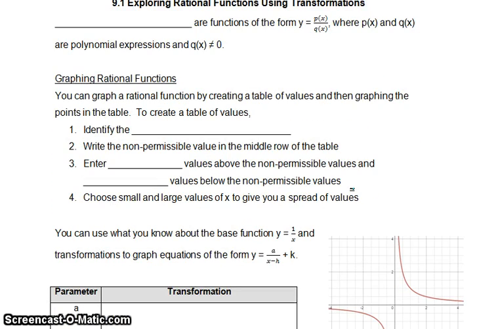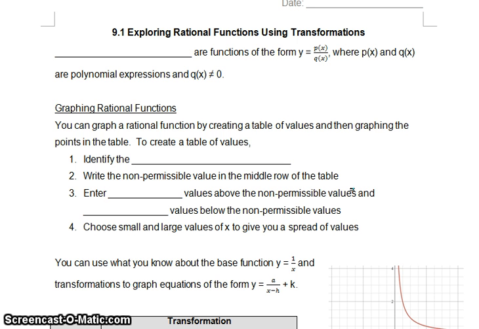So here in section 9.1, we're going to be looking at transformations on rational functions. And if you remember from pre-calculus 20, we spent an entire chapter on rational functions. So with this section, we're just going to jump straight into transformations on rational functions. So our first fill in the blank there is rational functions.